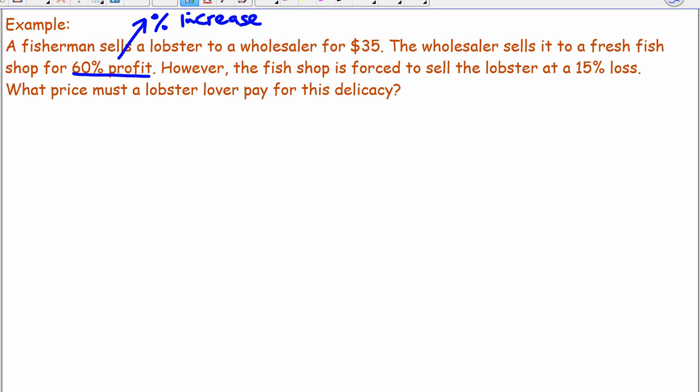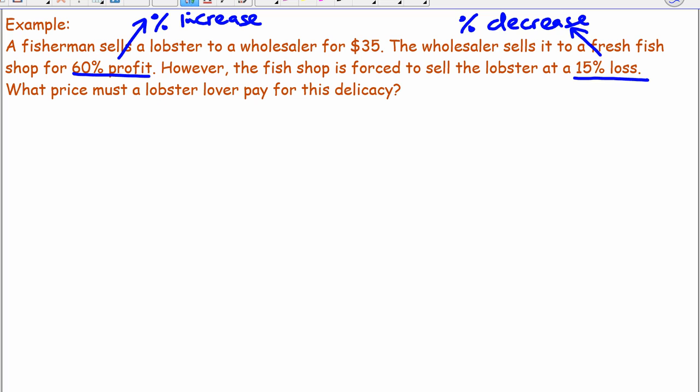However, the fish shop is forced to sell the lobster at 15% loss. So this is a percentage decrease. What price must a lobster lover pay for this delicacy?